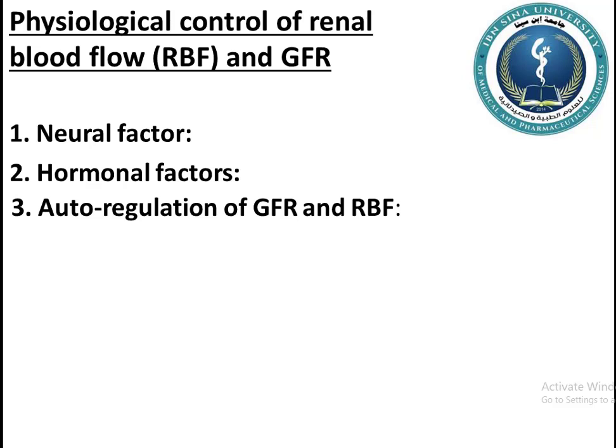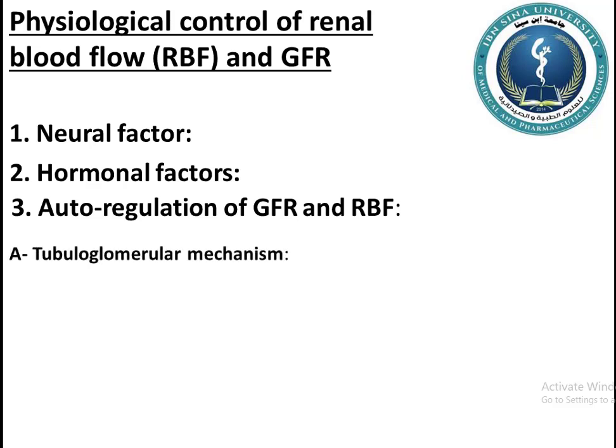Any change in the blood pressure can normally affect the glomerular filtration rate, but with autoregulation, this difference is negligible because autoregulation prevents the difference in blood pressure from causing a change in the glomerular filtration rate. Because if there were no autoregulation, any increase in the blood pressure would cause more excretion and more waste, more urine, so this will affect the blood flow in the body.